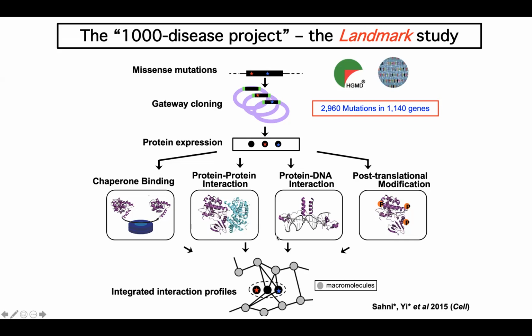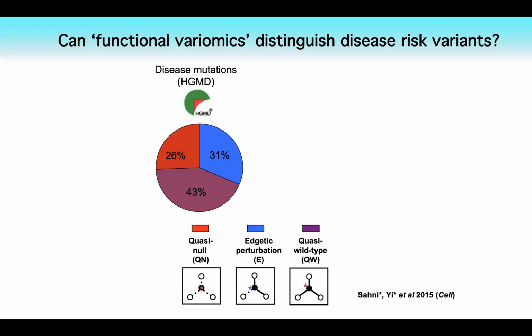At the end of the day, you can integrate all of these different data sets documenting different types of molecular data to represent the effect of mutations in an integrated network fashion. So we can get a holistic view of the network-based mutational effect for specific mutations found in disease or found in healthy people, like common variants.